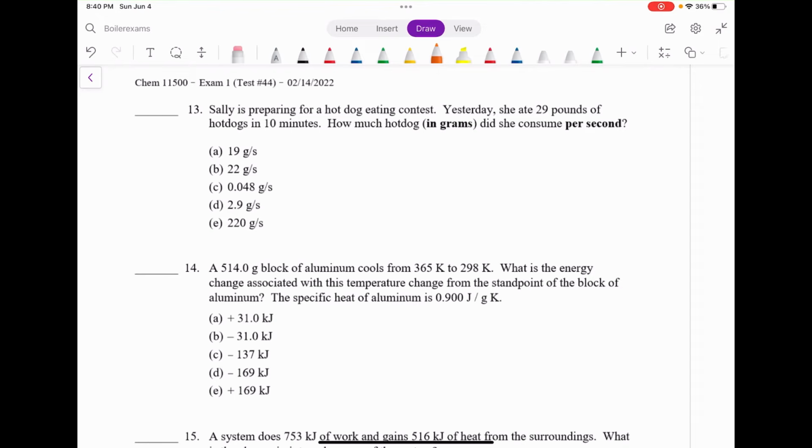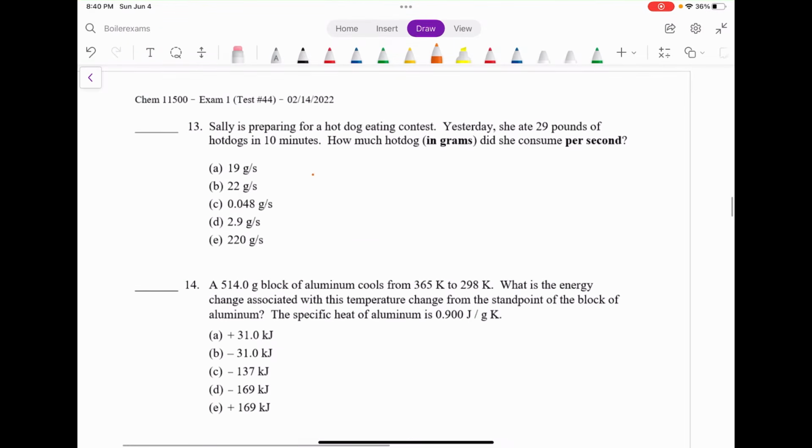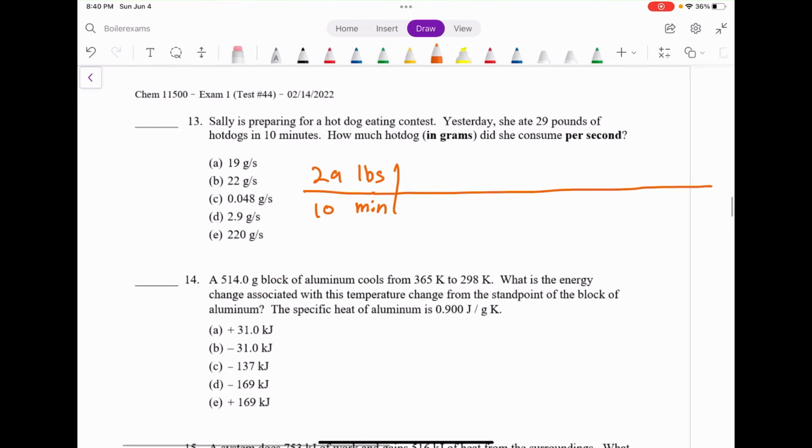She ate 29 pounds in 10 minutes. Let's just do dimensional analysis all the way to the final answer. We want grams per second, so let's convert pounds into grams.